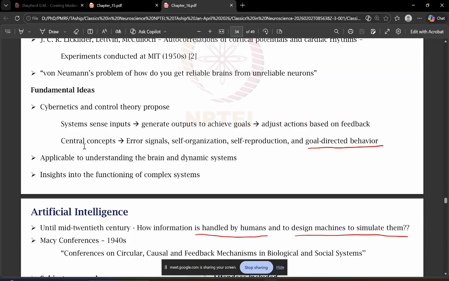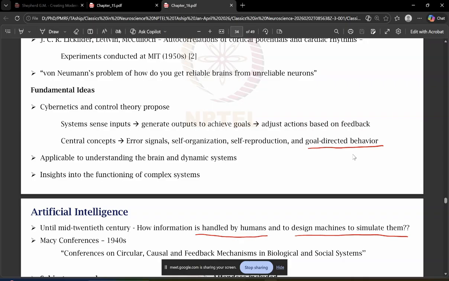So the central concepts of cybernetics were error signals, self-organization, self-reproduction, and goal-directed behavior. If you want to achieve any goal, then on the basis of the inputs and outputs you generate, when the system senses the action, it will adjust itself accordingly to modulate its output again.